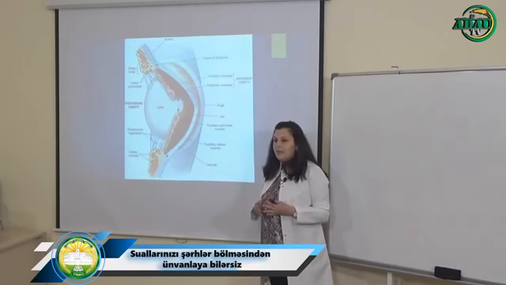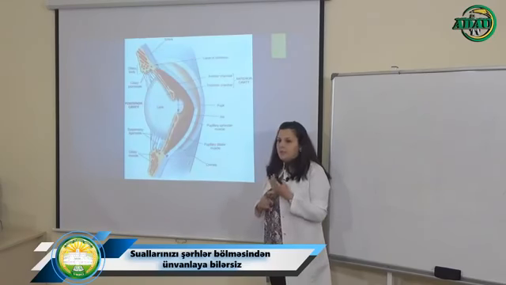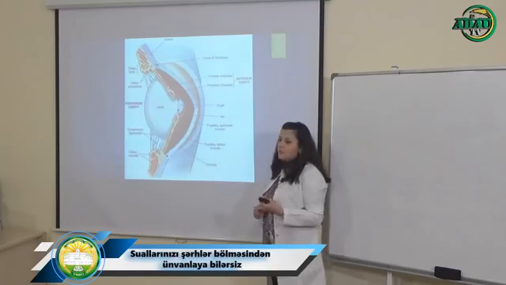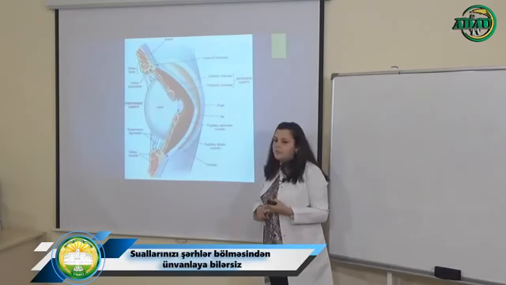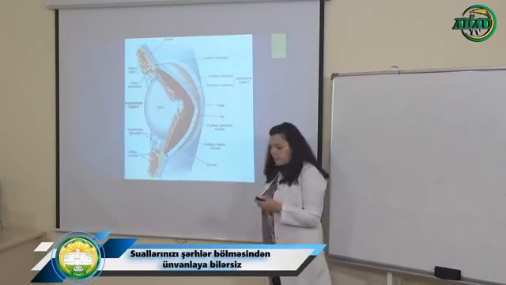So you can see that the ciliary body has very important functions for the eyeball. One of them is accommodation, and the second is production of the aqueous humor, which is necessary for the nourishment of the vascular organs of the eyeball.